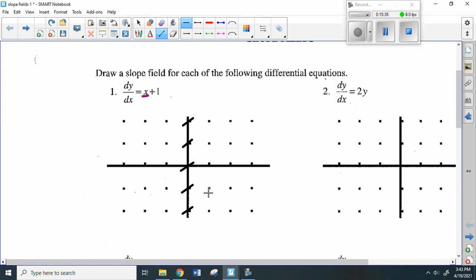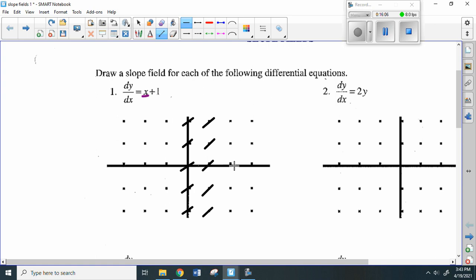Let's go to the right here. All of these have an x value of 1, and 1 plus 1 is 2. So now I want to draw line segments that are a little bit steeper, but I don't want to get crazy, because every time x gets bigger, you're going to have to go steeper and steeper. So you try to make these all parallel to each other, little tiny line segments. We want it slightly steeper than the last one.